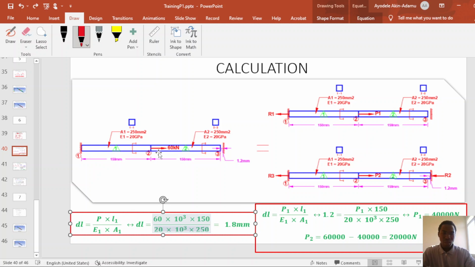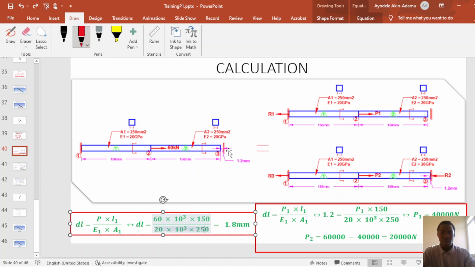So assuming we don't have support at node 3, it means that the structural body will be stretched by 1.8 mm, which is greater than the 1.2 gap. So it means that if we have a support here, a part of the load will stretch this body to the point where the structural body just touches the support.